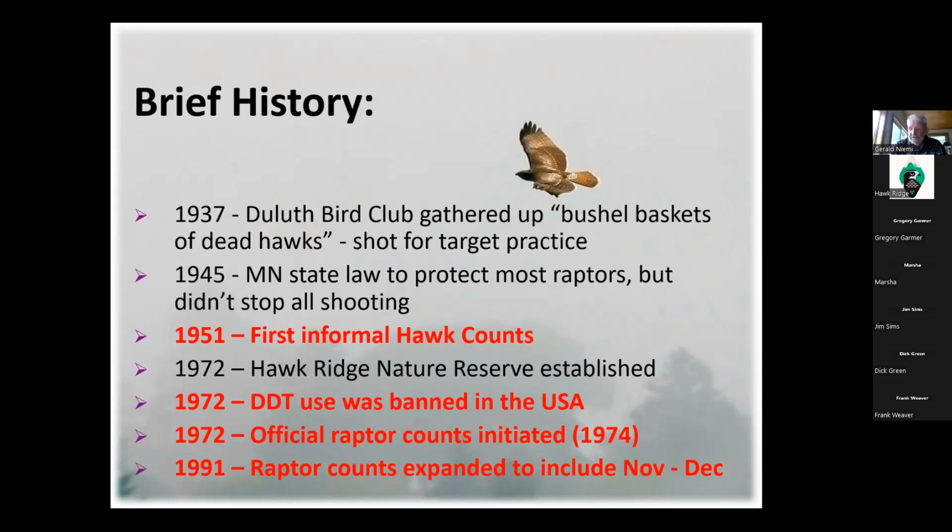And then 1991 is also a key time because that's when some of the raptor counts were expanded to include a substantial part of November and December. For some of the late migrating species, that's really an important issue. So I'm going to talk about some trends that began in 1974 and some trends that began in 1991 for some of the other species, but they'll be quite clear in some of the slides.